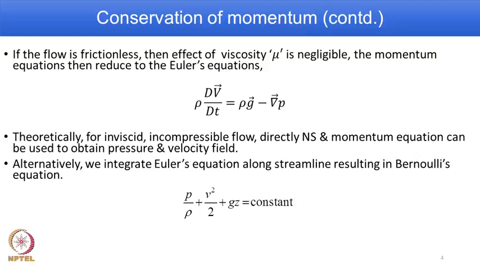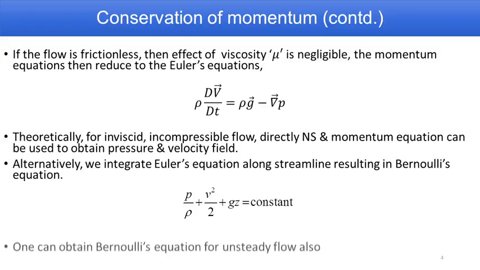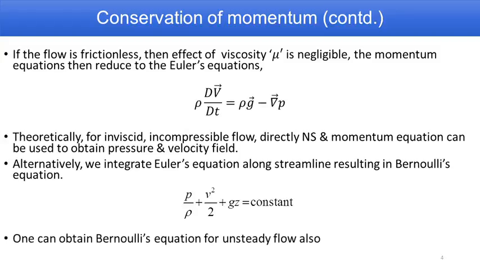So, if you integrate the Euler equation along a streamline, you get Bernoulli's equation. The Euler equation is derived for frictionless flow, so Bernoulli's equation is restricted to frictionless flow only. You can also obtain Bernoulli's equation for unsteady flow.